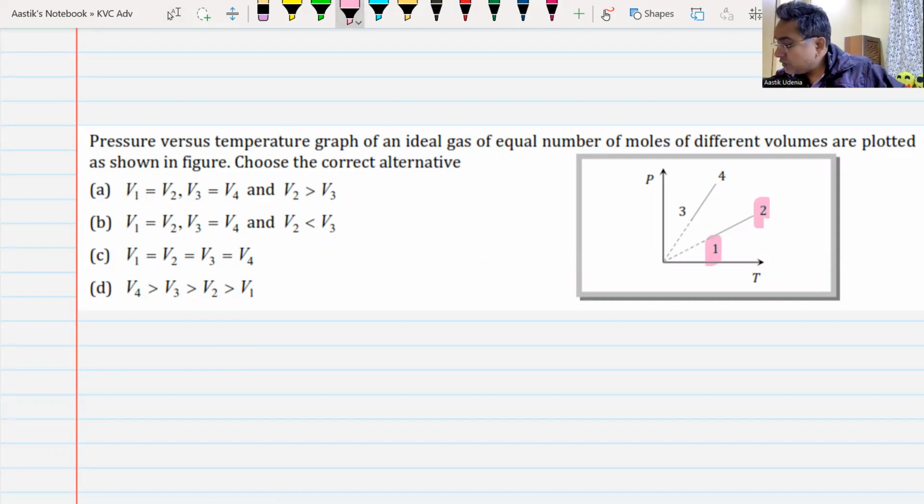What about these two volumes? Are they same or are they different? They have to be same, yes or no?